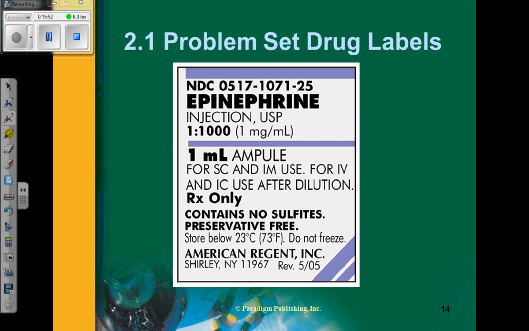Then our last problem, this is actually number 20. This one is asking you to fill in the blank, and I'm just going to read it. It says you have a 1 to 1,000 solution, and this is on page 38, number 20. A 1 to 1,000 solution contains 1 gram per 1,000 milliliters.